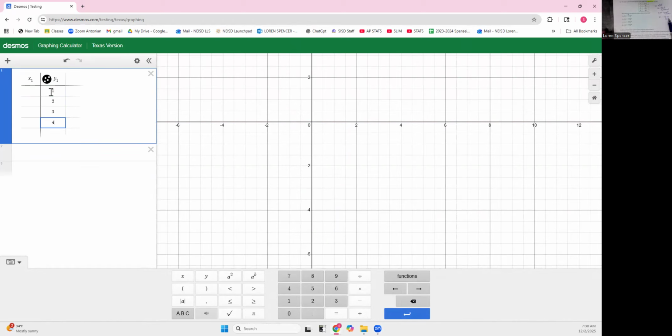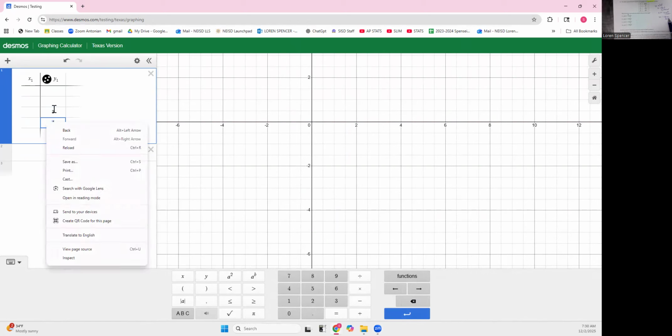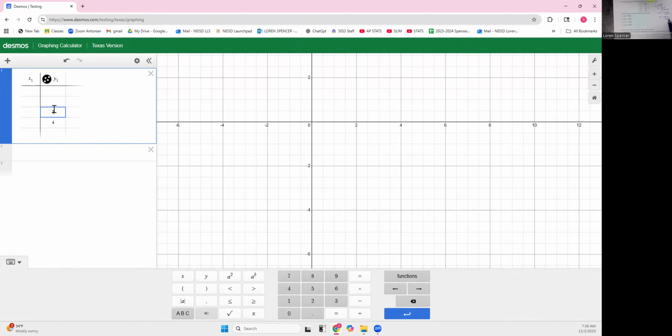Oops, that's wrong. Gotta delete those. What did I do wrong? I put them on the wrong side. Those are my x's. Having trouble making a delete. There. And here we go.